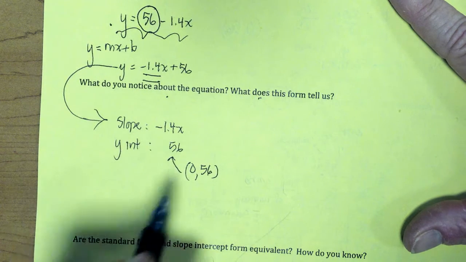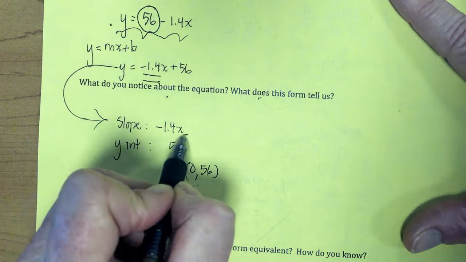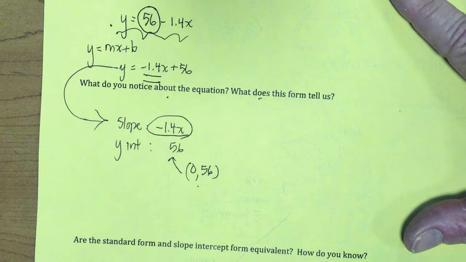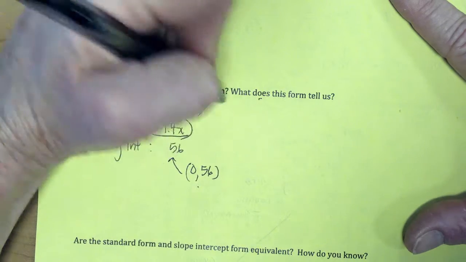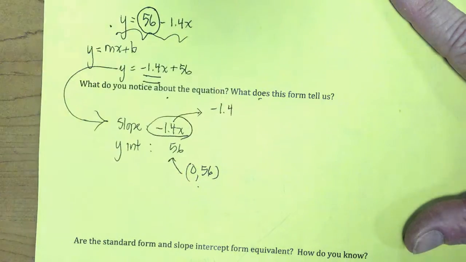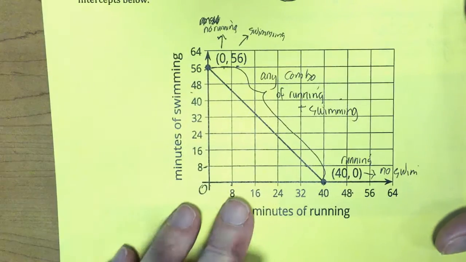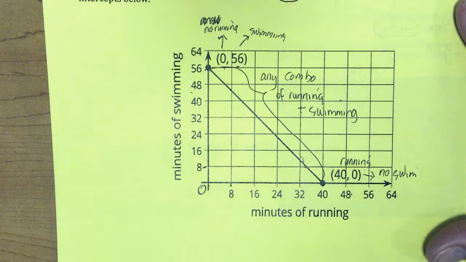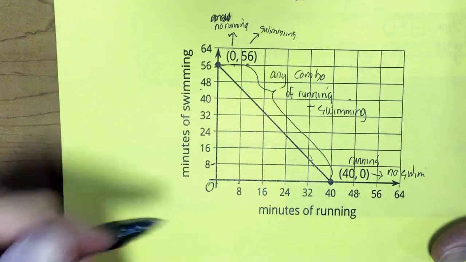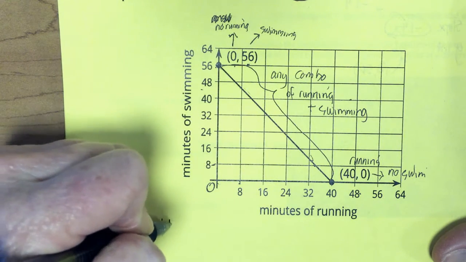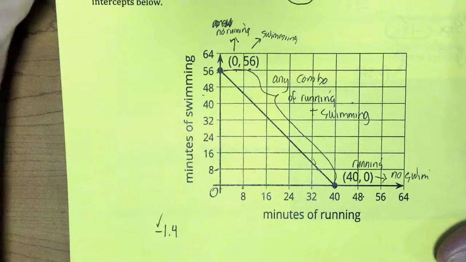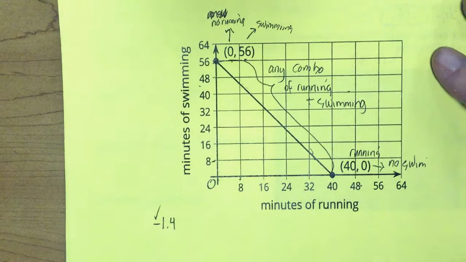But this is kind of confusing to me. That's negative 1.4x, so they're saying that the slope is negative 1.4. Well, let's go back and look at this. Here's my negative, I totally get that. But where did I get negative 1.4? So let's do a little bit more investigating.